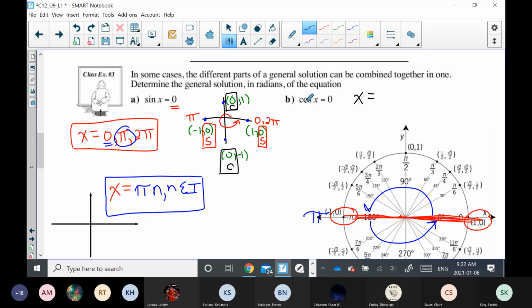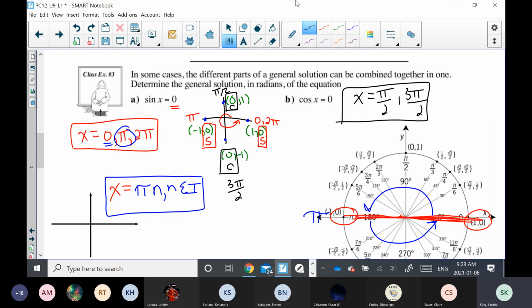Cos is going to be 0 up here at pi over 2 and down here at 3 pi over 2. So I've got two answers, pi over 2 and 3 pi over 2.